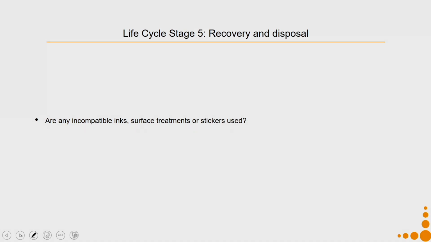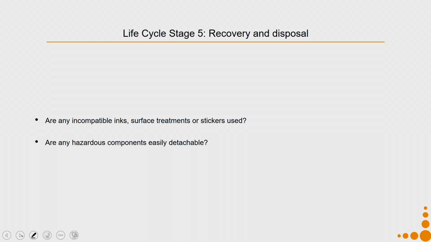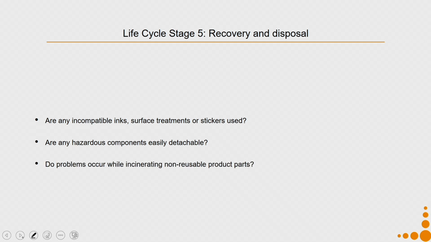If there is a certain kind of ink on a paper, a printed paper again cannot be recycled because of the ink, or if I have a coated paper, I cannot recycle that paper because of the surface treatment. Also, you have to consider if any hazardous components are present and whether they are easily detachable or not. Do problems occur while incinerating non-reusable product parts?